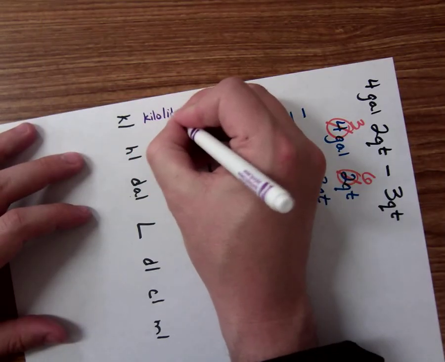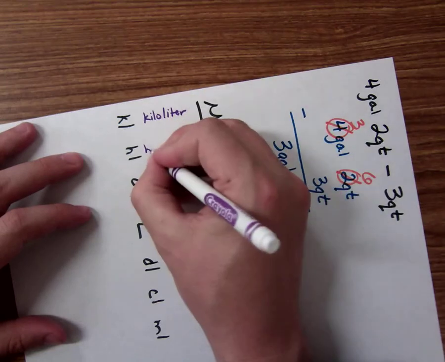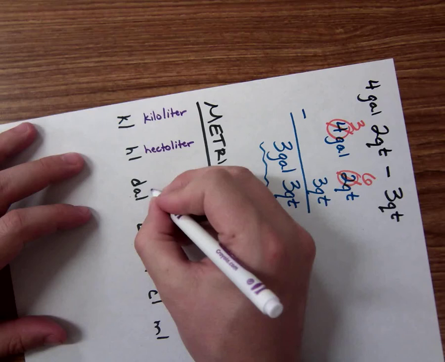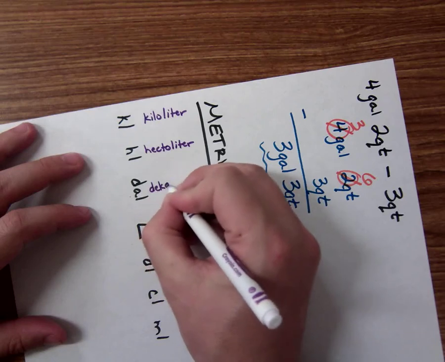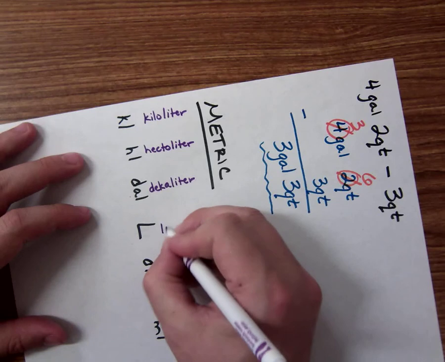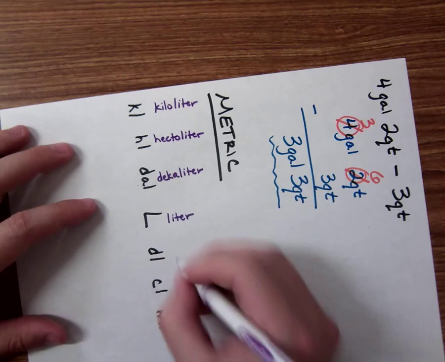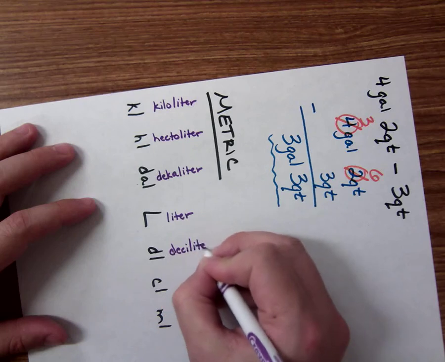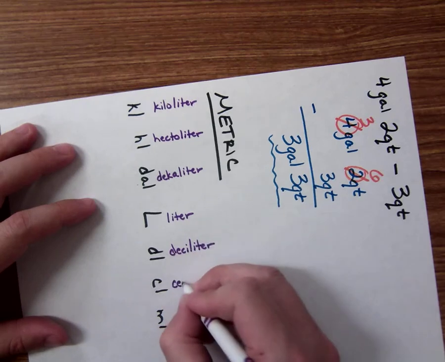So kiloliter, hectoliter, decaliter. That's when you punch a carton of milk. That is a liter. That is a deciliter. Centiliter.